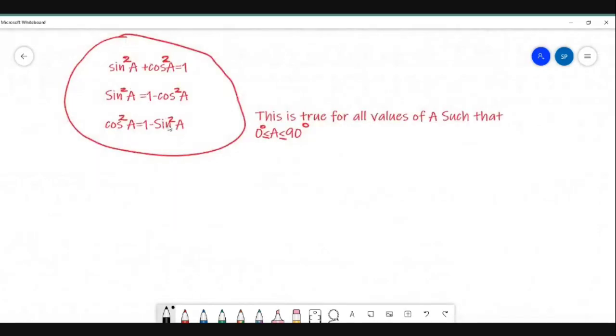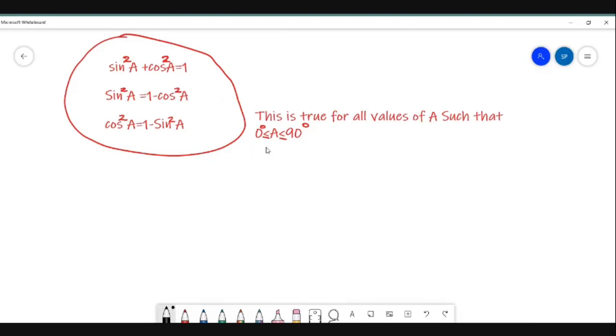You can write the identity like this: sine square A plus cos square A equal to 1, sine square A equal to 1 minus cos square A, and cos square A equal to 1 minus sine square A. This is true for all values of A such that 0 degrees is less than or equal to A, which is less than or equal to 90 degrees. That means for all values of A from 0 to 90, this is true.